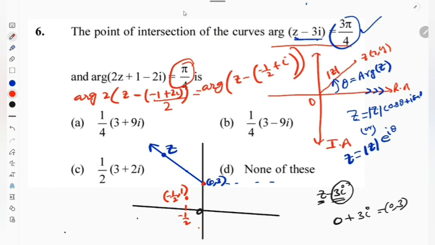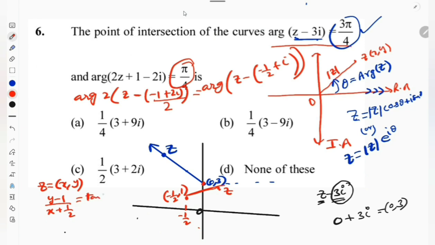For that, let us calculate the equation of that line. Suppose you take z equal to (x, y). Then the slope of this line will be (y minus 1) by (x plus half), equal to tan 45, because the argument is given as pi by 4.